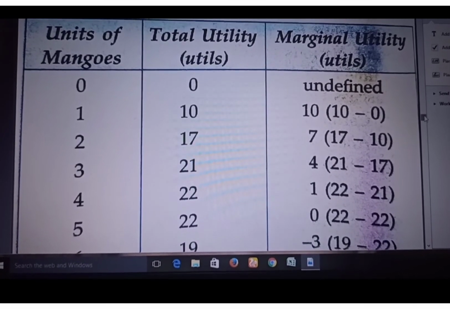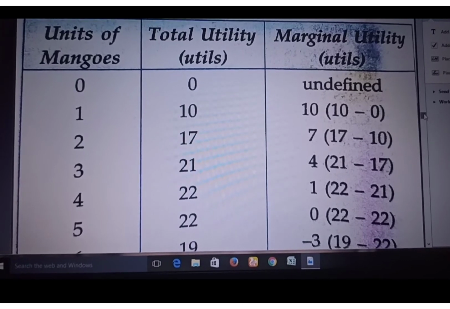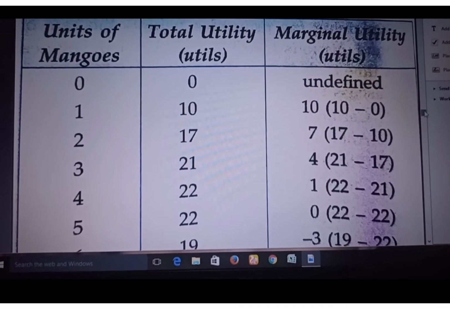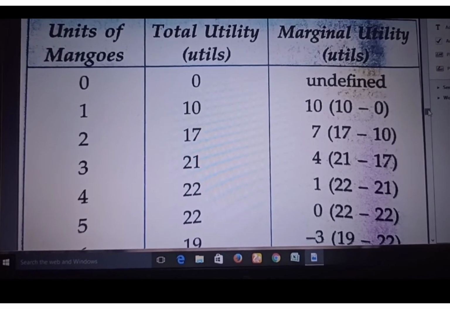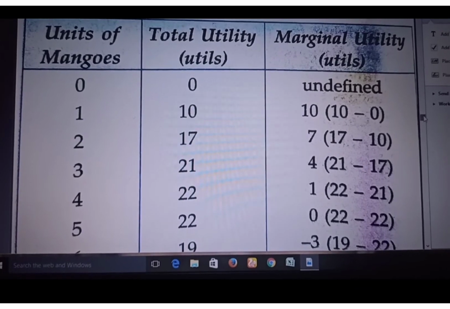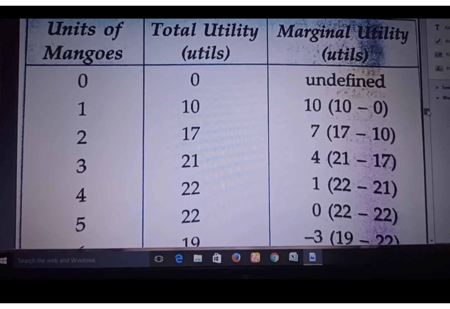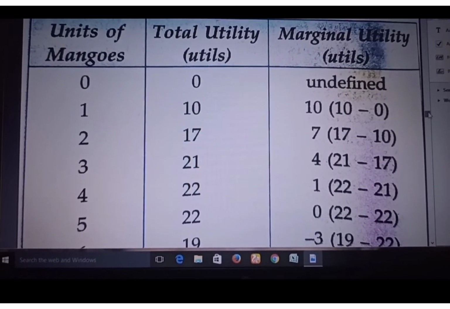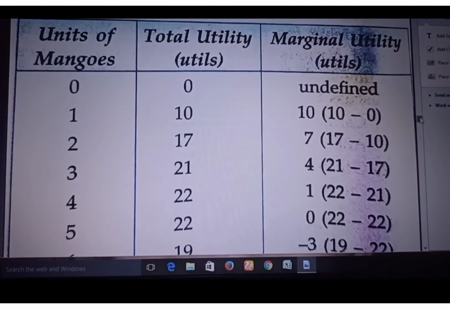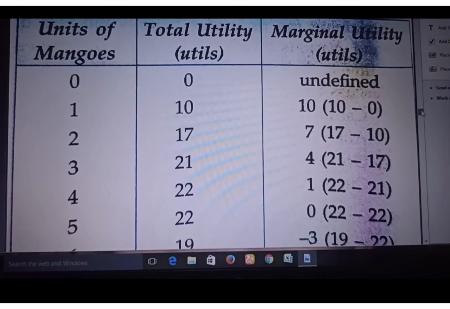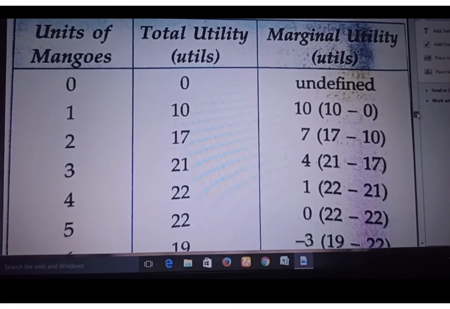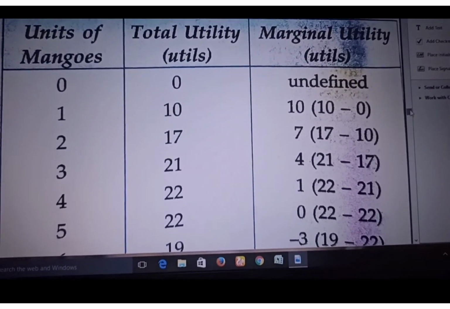It means that again utility comes down to rupees 1. And for the fifth mango, where your satisfaction has been completed, the marginal utility will be 0. It means your satisfaction is over on the fifth unit. And afterwards, if you go for the sixth unit, then you are not willing to pay anything for the mango. It means that marginal utility will be negative.